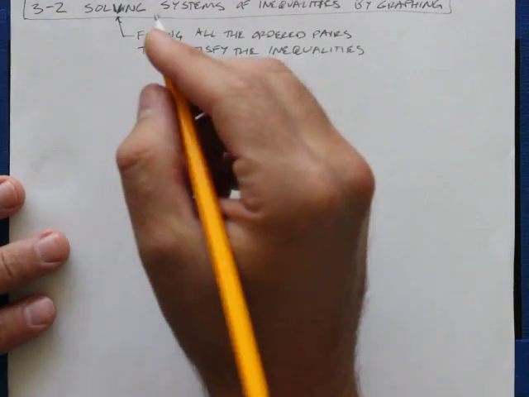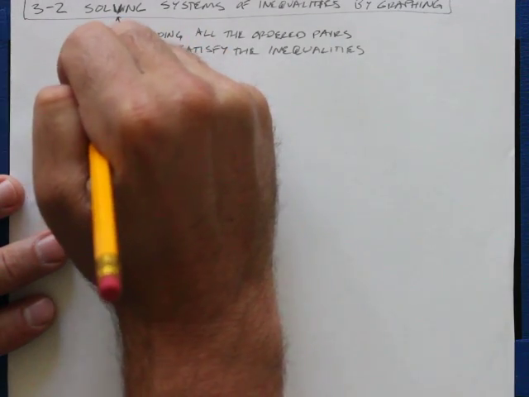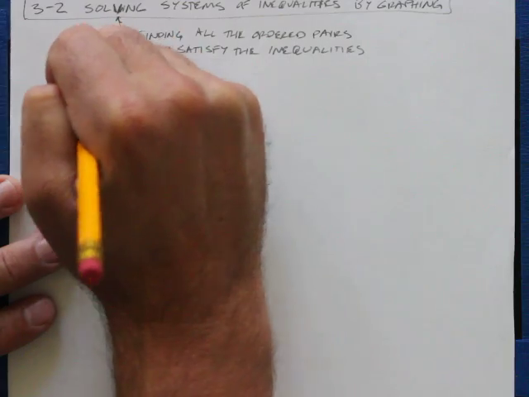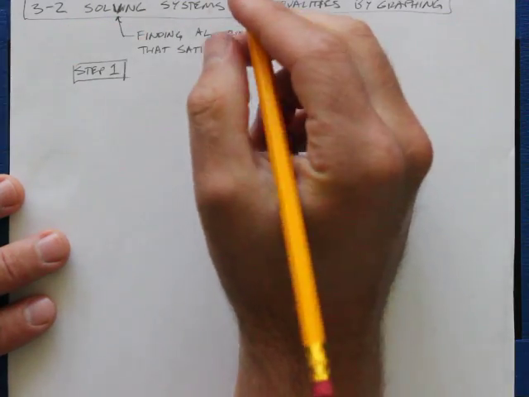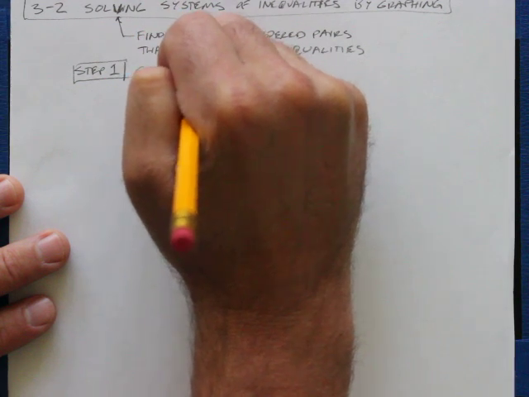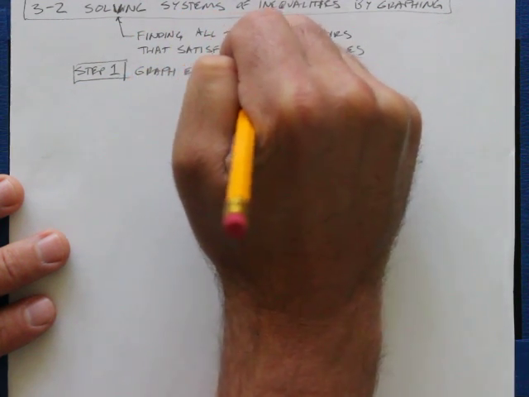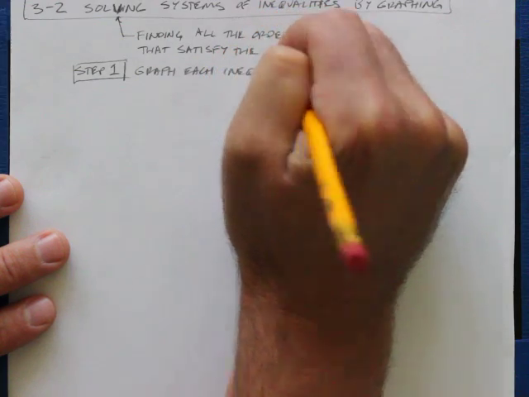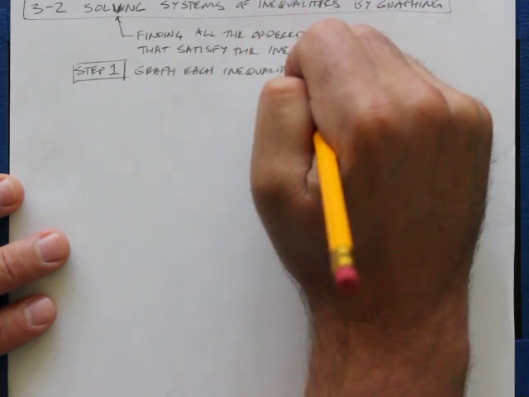All right, we've got two steps here. Step one, graph each inequality. Shade the correct area.